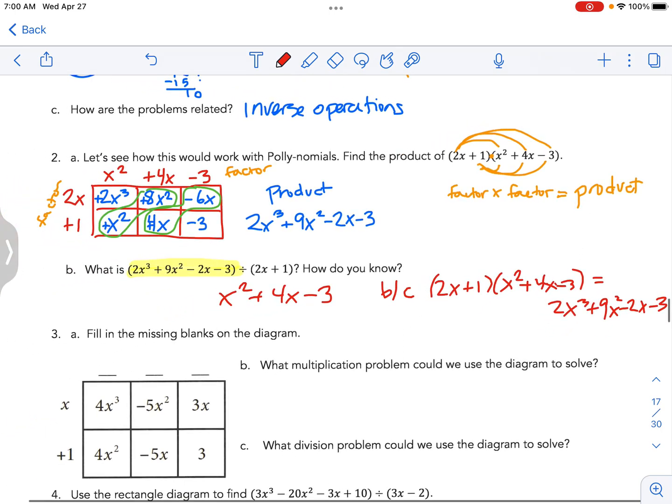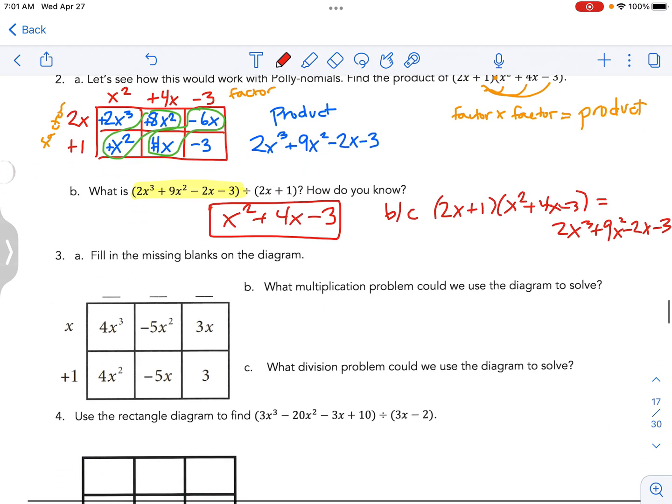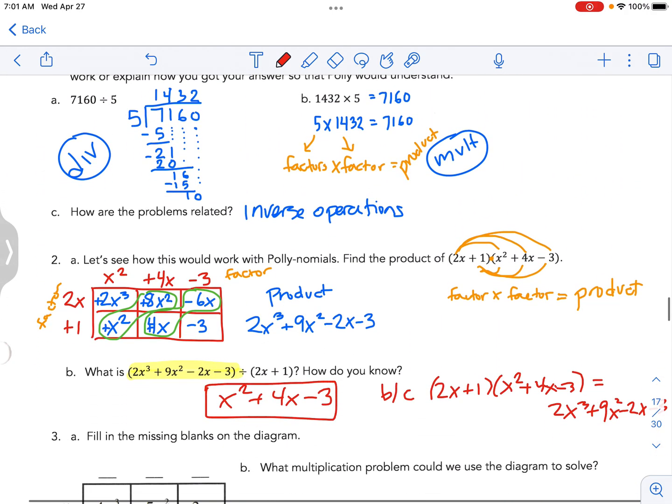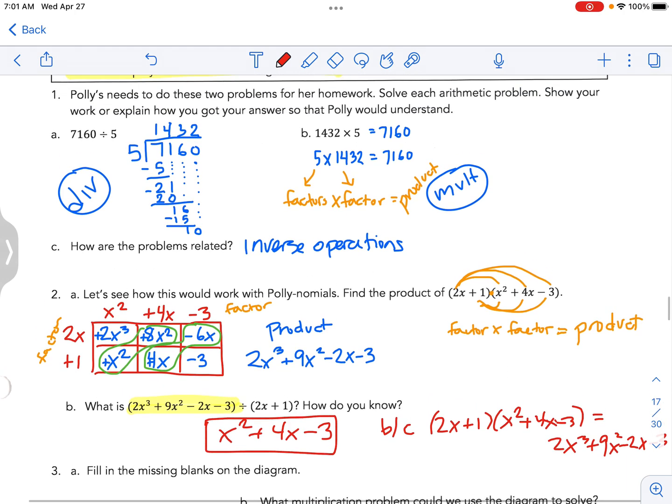So we know that this has to be the answer because it's one of the two factors we had to begin with. Okay, so as you might guess, we are going to work with division using that area model and finding that missing factor.